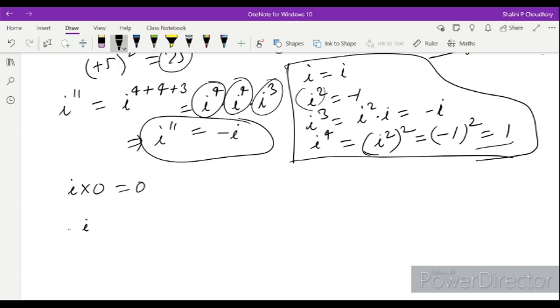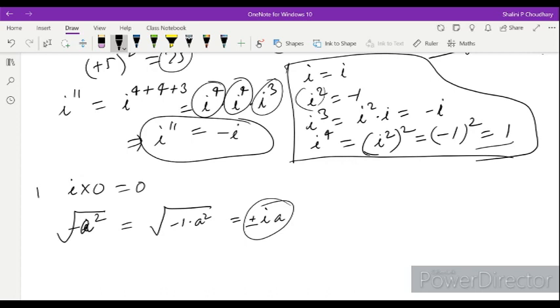And the square root of minus a square, if we take it, will be the square root of minus 1 into a square. The square root of minus 1 will be i, and the square root of a square will be plus minus a. So this is property number 1.